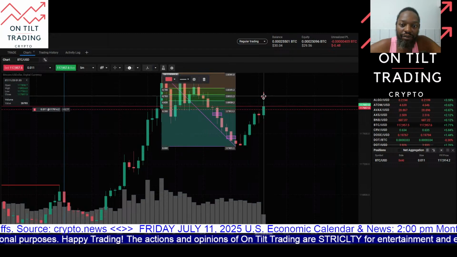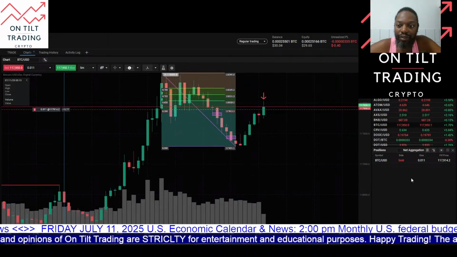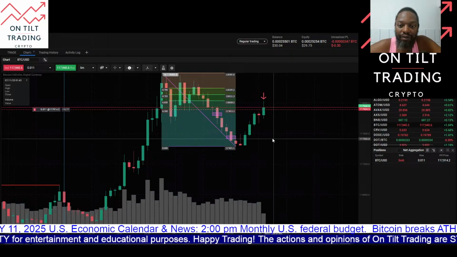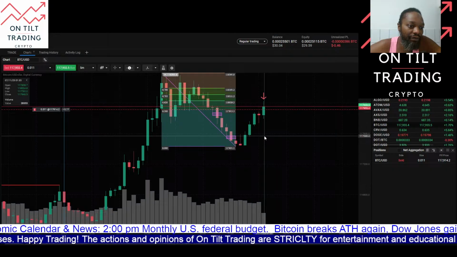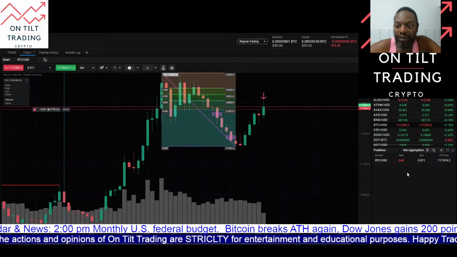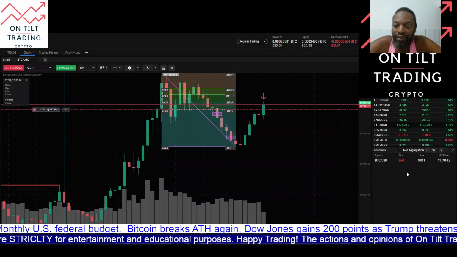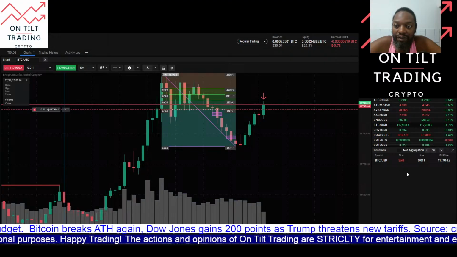Now getting some sell side delivery. Price trading at 117,950. Sell side delivery from the high of 118,240. So price consolidating between 118,000 and 117,950 currently.